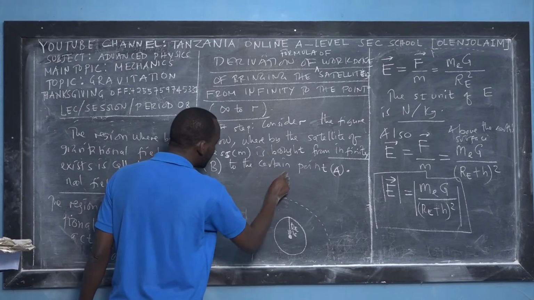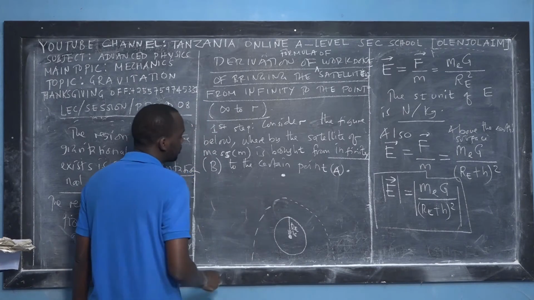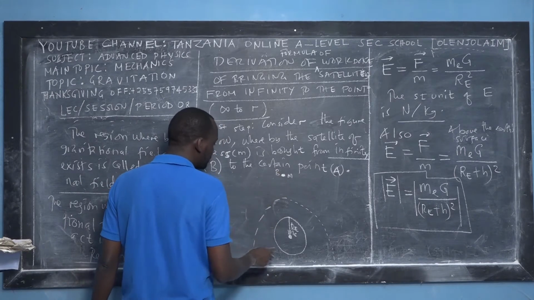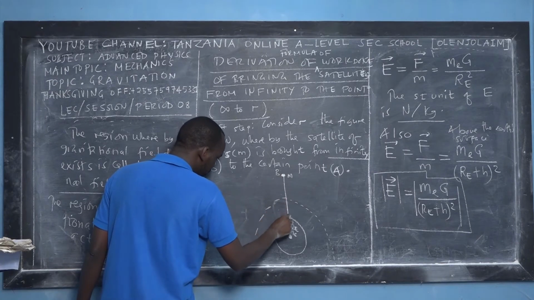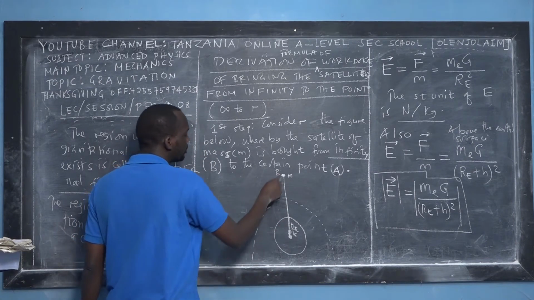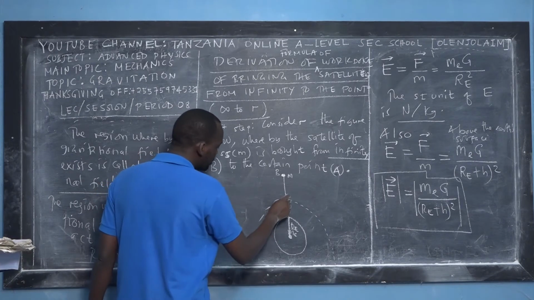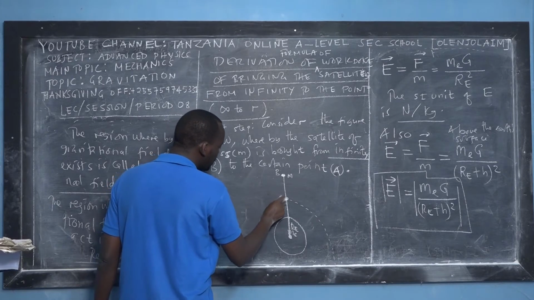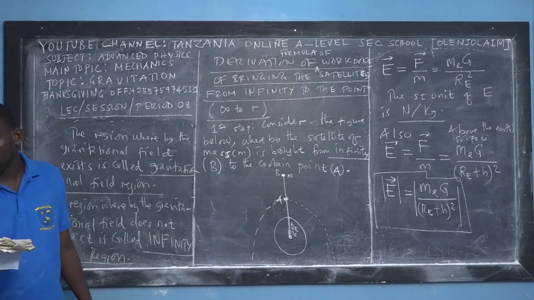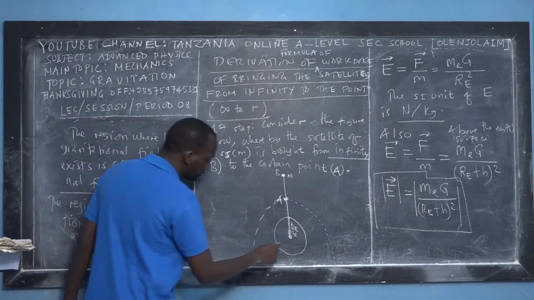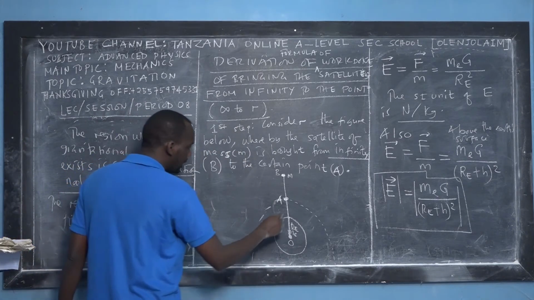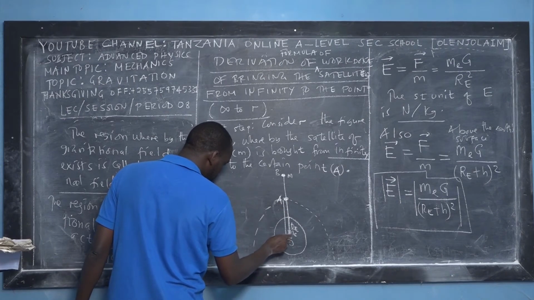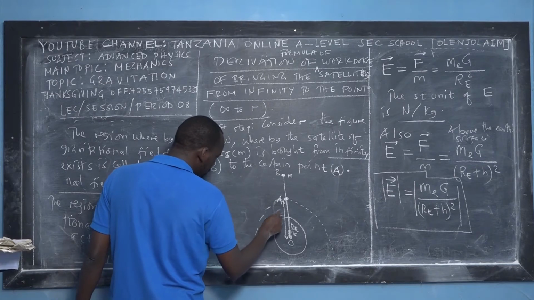And suppose that we have a satellite at infinity, so this is the satellite of mass m at point B. Then here we have a straight line like this. We want to bring this satellite from point B to point A. And this is the center of the Earth. So here, suppose that we have a distance from the center to this point where we want to bring the satellite.